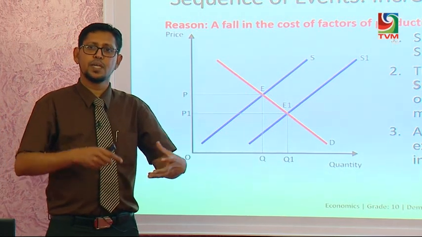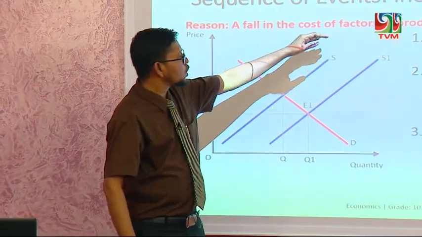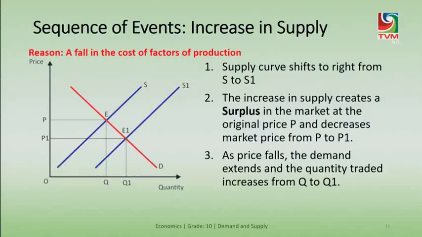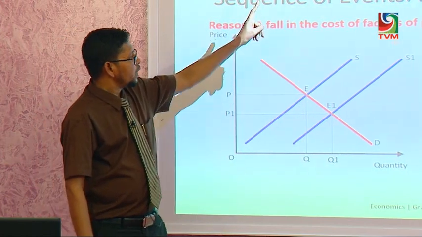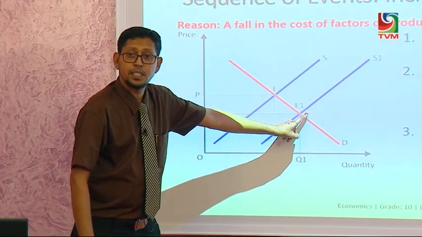Because of that, they will be able to produce more. That is why when the cost of production falls, the supply increases.